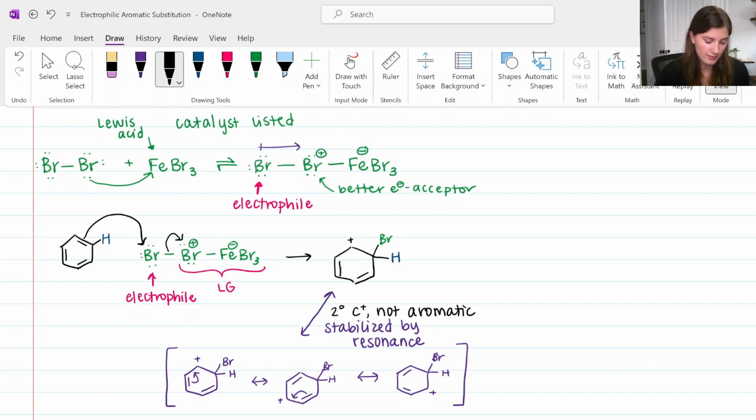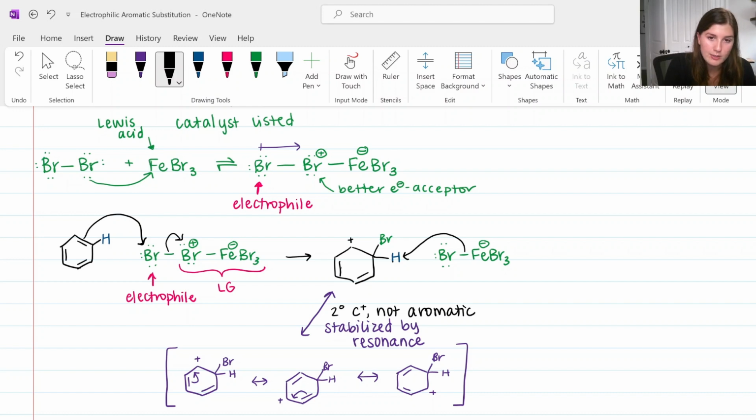Now the byproduct of that first step, so the bromine, that leaving group from that first step, is now reacted with this molecule to remove the hydrogen that's at the sp3 carbon. So the electrons in the bond between bromine and iron will remove this hydrogen.